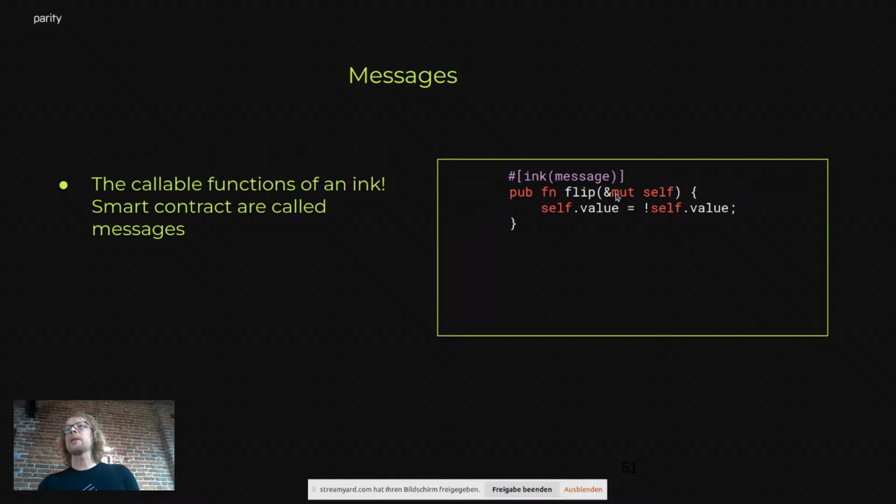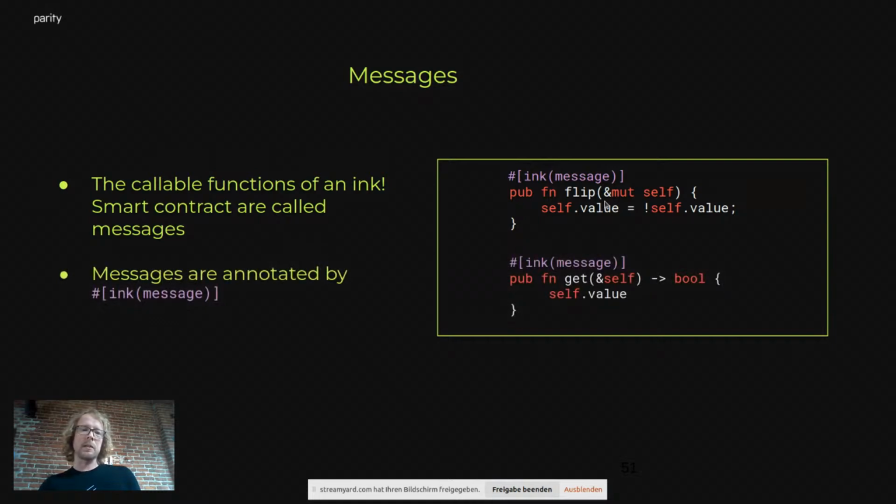Rust is always very explicit, which also makes it very aware of the things which are modifiable or not. If you think about smart contract security, this might be a thing, because this message needs to explicitly not only access the state of the local struct, but we also have to allow it to mutate it, right? And if we don't add this mut, then we are not able to mutate the storage of the smart contract.